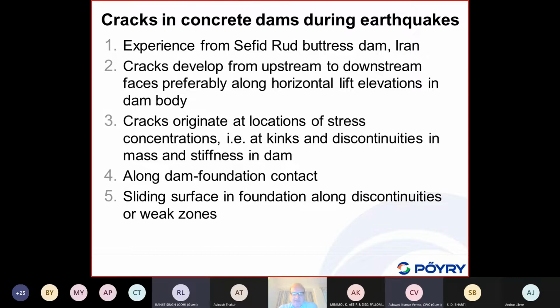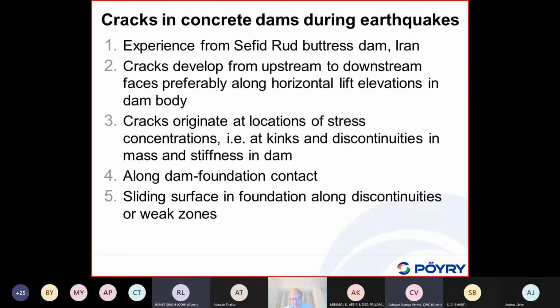Cracks originate at locations of stress concentrations, that means kinks and discontinuities. And four, we have an interface along the dam foundation contact. Many people are focusing on that for the global stability, as I've shown just before. In addition, you have to consider sliding surfaces in the foundation along discontinuities or weak zones.